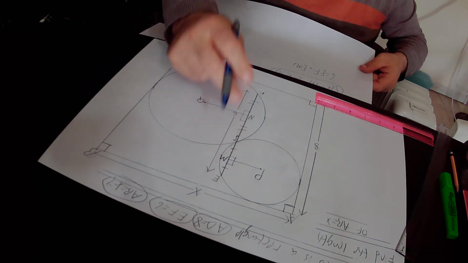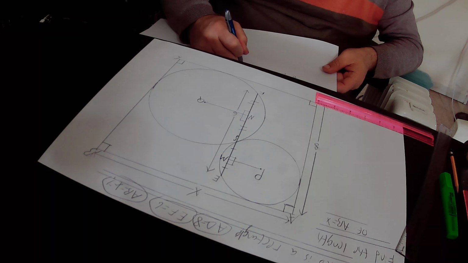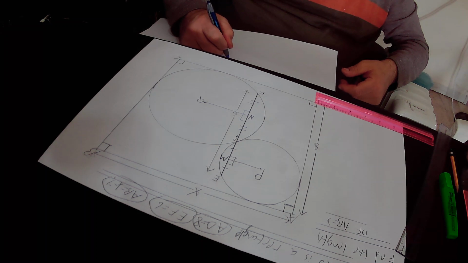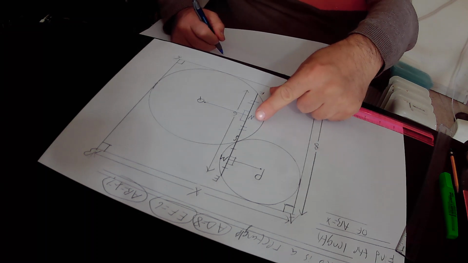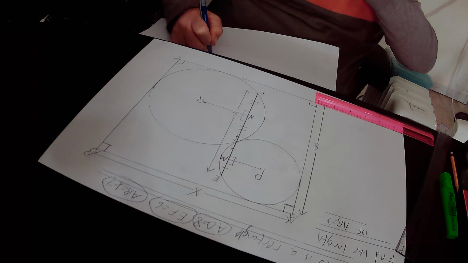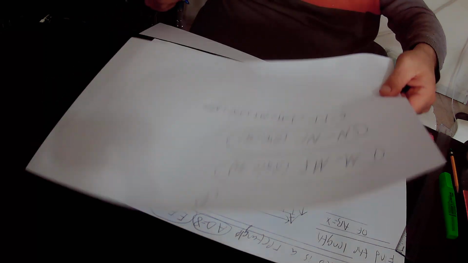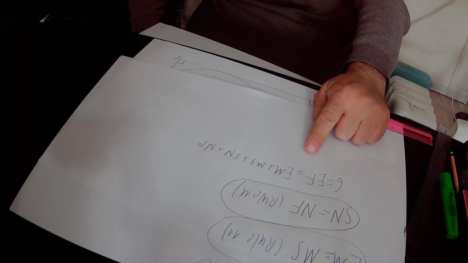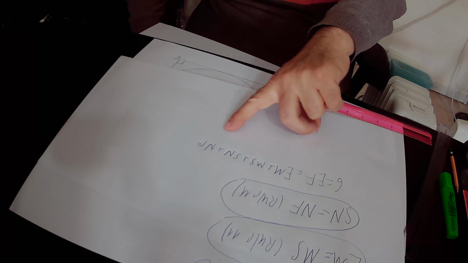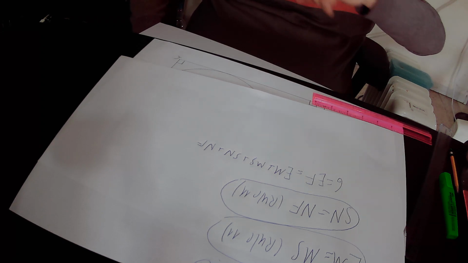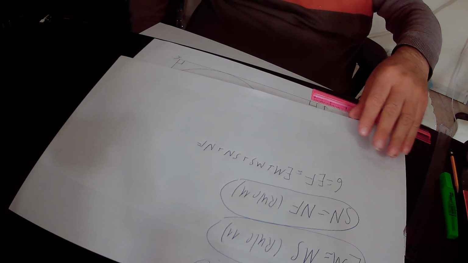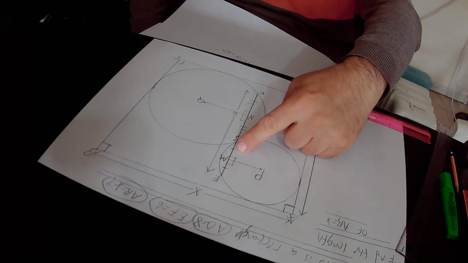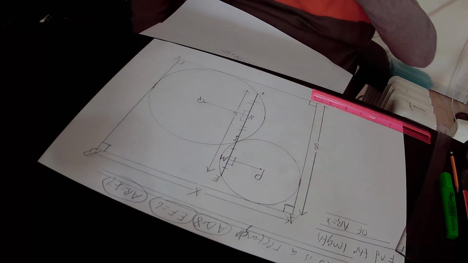From the drawing, it is very easy to see that EF equals EM plus MS plus SN plus NF.